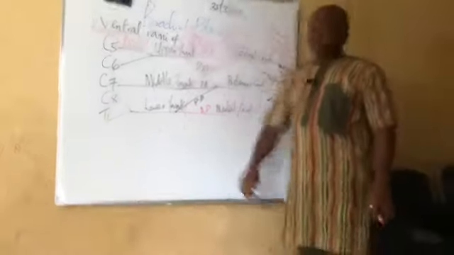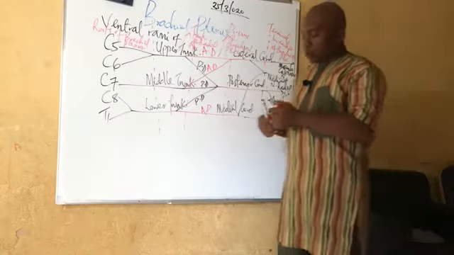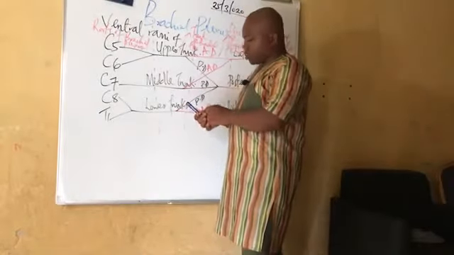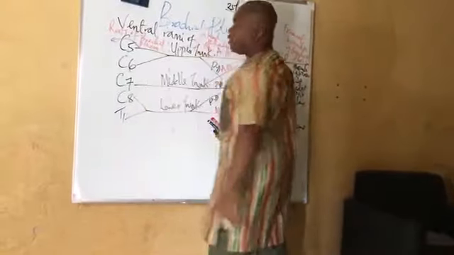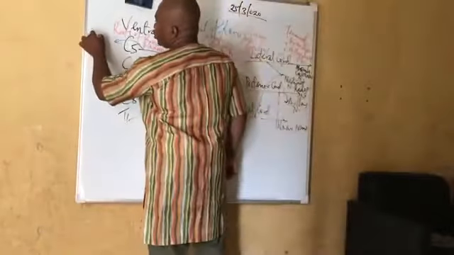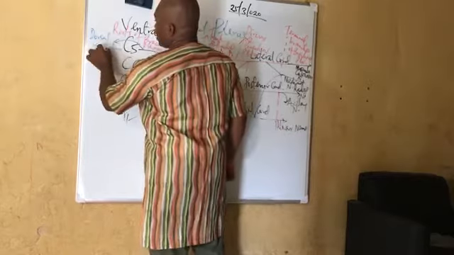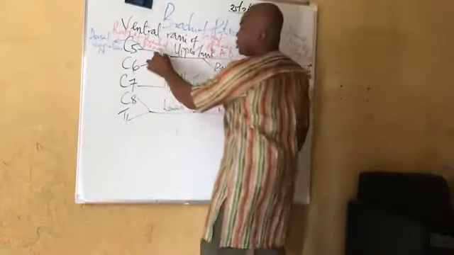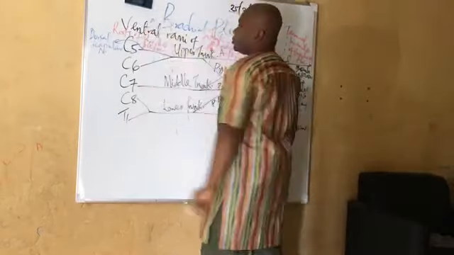Then we will go back to the roots of the brachial plexus. At the roots level, branches come out.